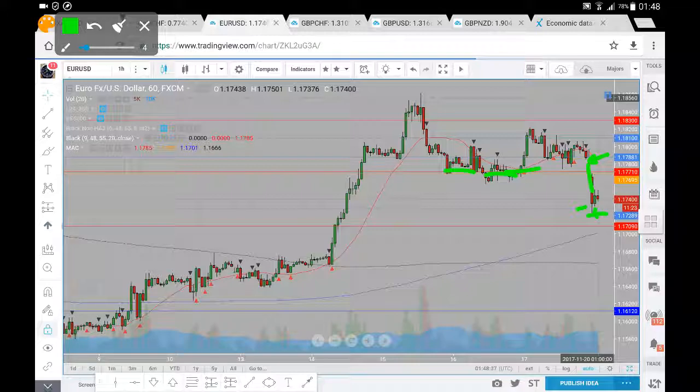I think the catalyst in regards to the euro is Angela Merkel, the biggest economy in the eurozone, Germany. They're having difficulty forming a government, so that does add to the fundamental bearishness of the euro. We had a couple of weeks ago the ECB extending QE to September 2018.